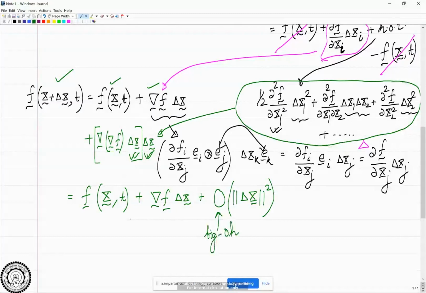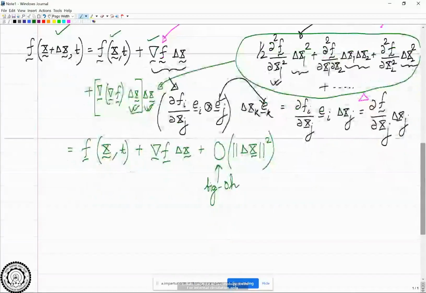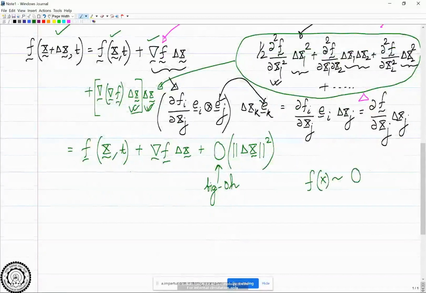It's a function big O. And what is the meaning? Whenever we say, let us say, f of x is of the order of x, it simply means limit x tending to 0, f of x by x will be some constant.